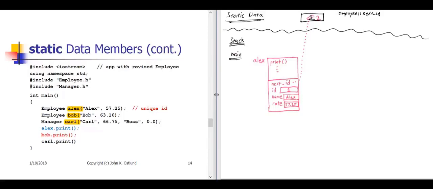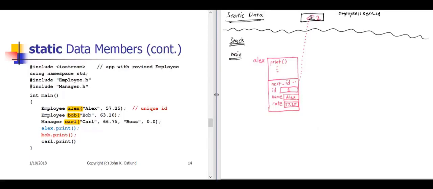ID is a const int initialized with 1, which was the original value of the employee::nextID static data member. Name is initialized with the string Alex. Rate is initialized with the double 57.25. Notice that after Alex's ID was initialized to 1, employee::nextID was incremented to 2.